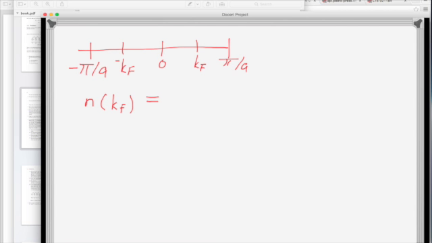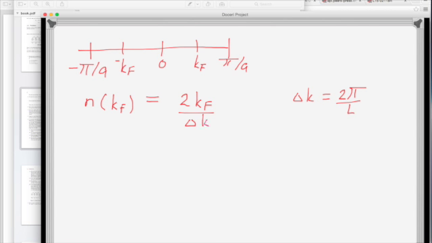It's the total distance, 2Kf, divided by the number of K states there, where delta K is 2 pi over L. So 2Kf over 2 pi over L, that's the total number of states.